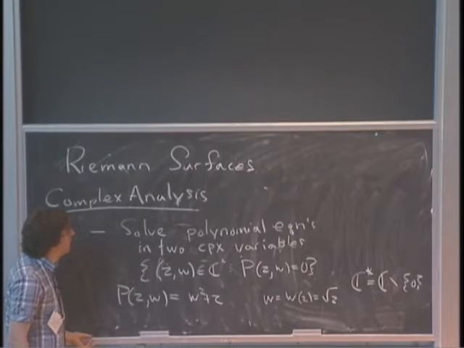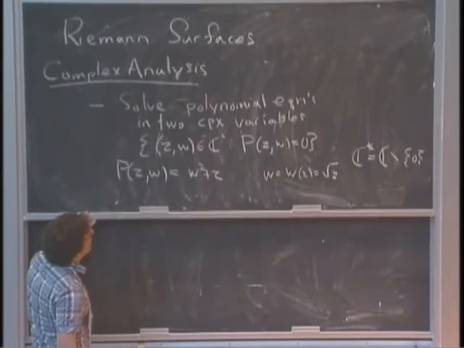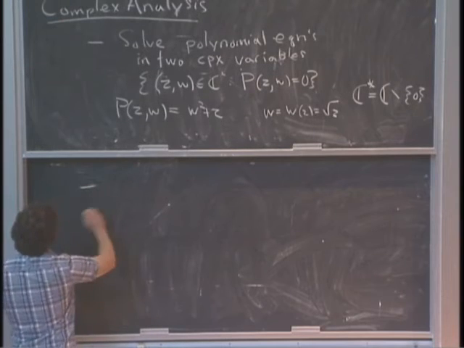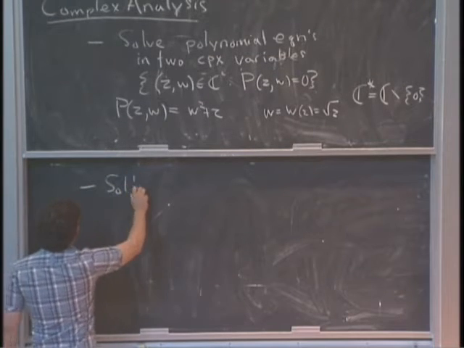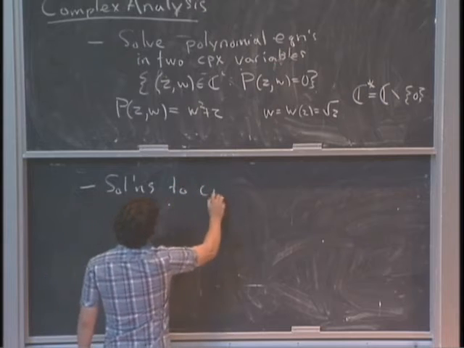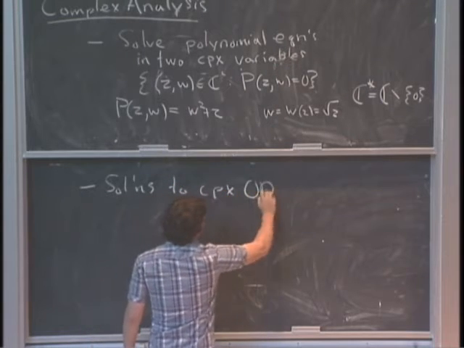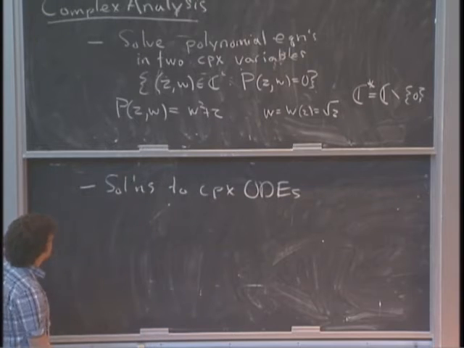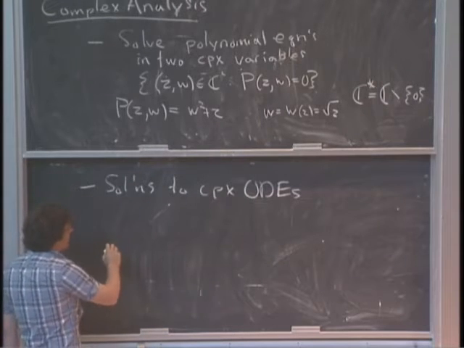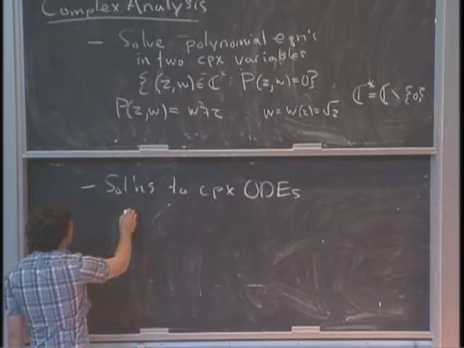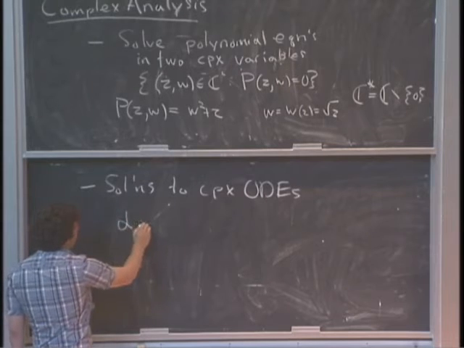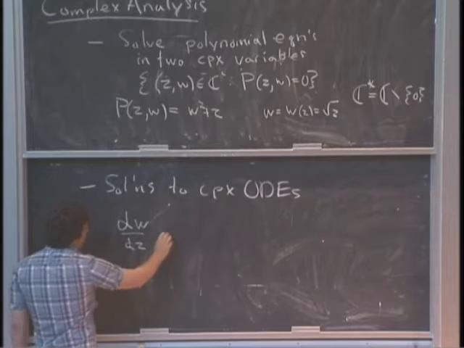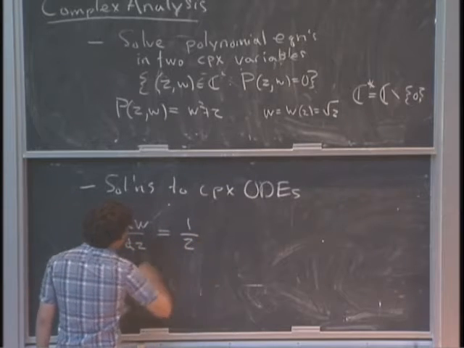So that's one example. Another very similar example is to look at solutions to complex ordinary differential equations where some of the similar issues arise. Again, a very simple example is to consider, say, the equation dw/dz equals 1 over z, right?